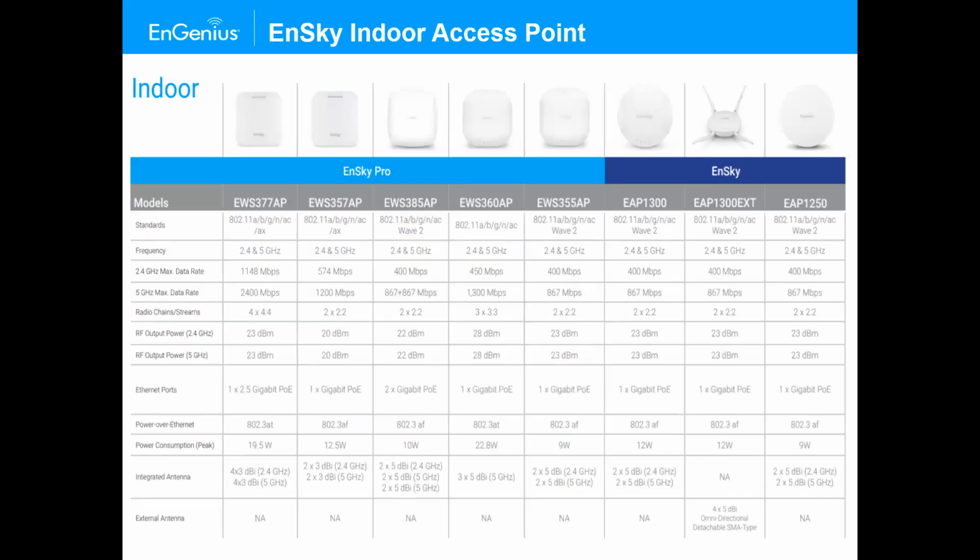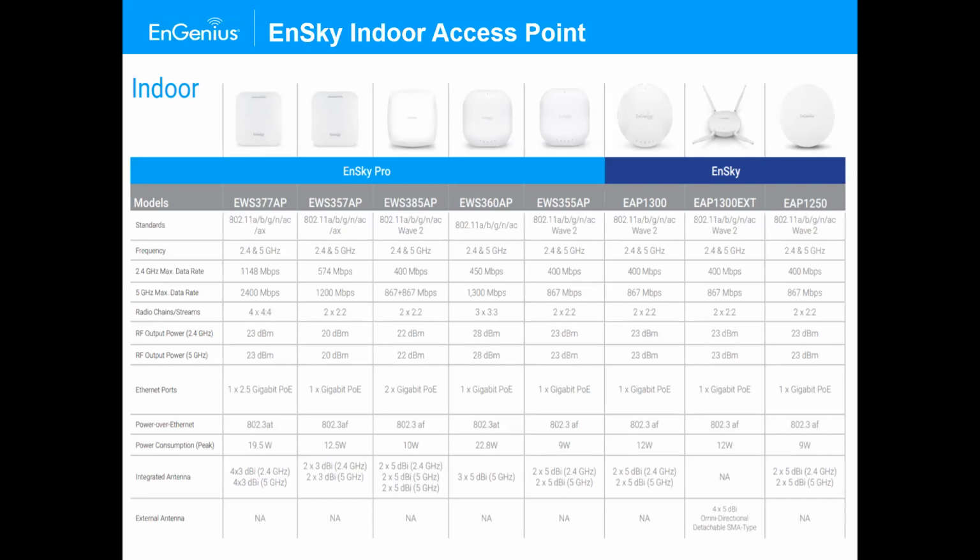So here is a slide showing the NSky family. The combination of NSky hardware and software allows any size business with any size deployment. So you can extend your WAN to Wi-Fi inside your premise.